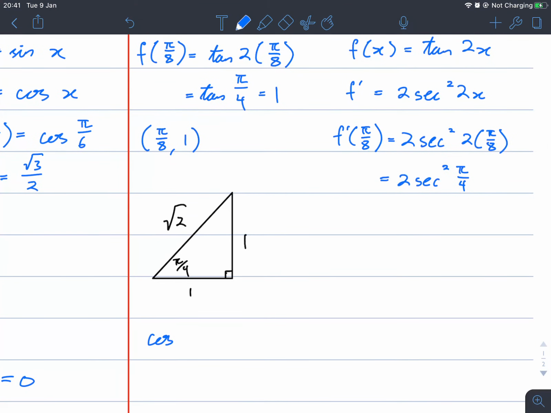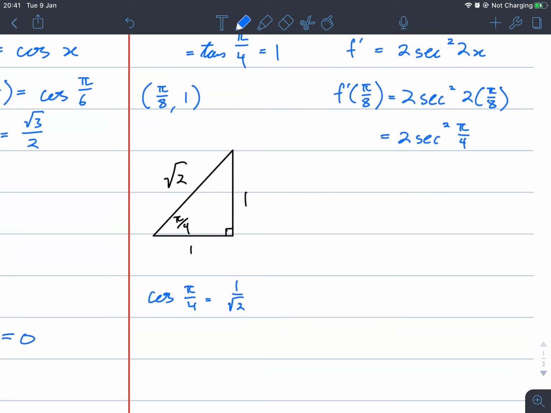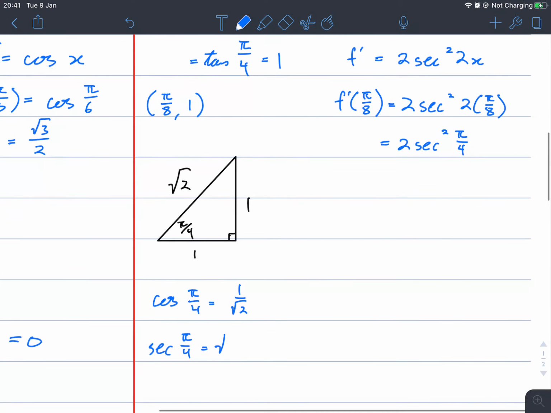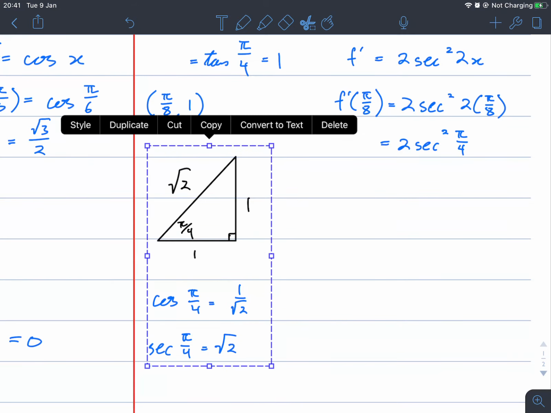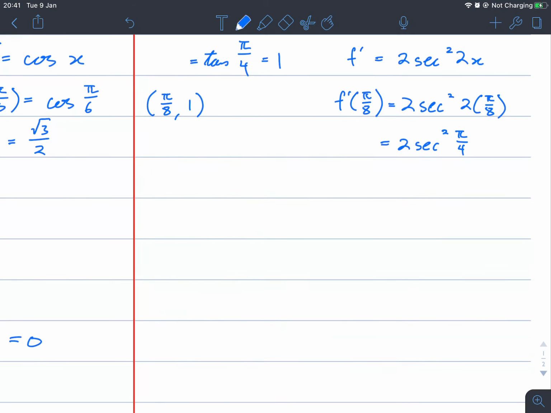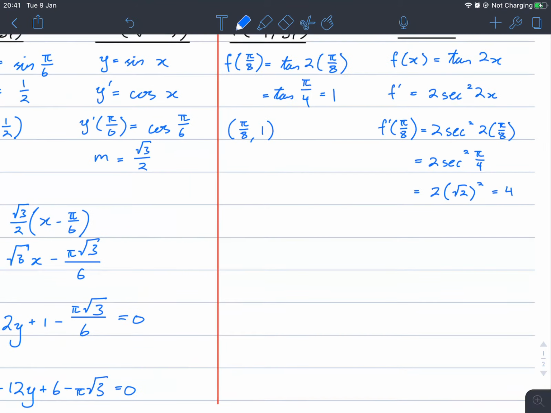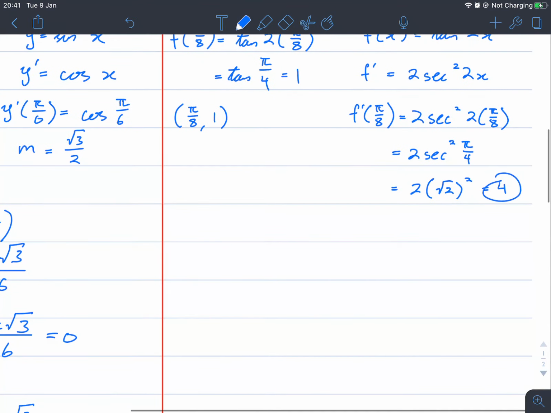So cosine of pi on 4 is equal to 1 on root 2, which means sec of pi on 4 is equal to the reciprocal of this, which is just root 2. So the value we want is 2 times root 2 squared. Well, that is just 4. So we have a gradient and we have the point.